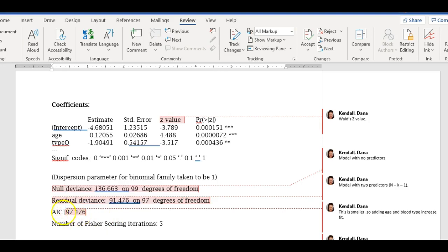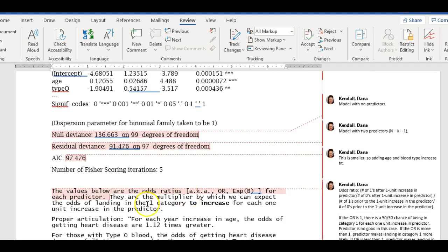My understanding is the AIC is a good fit index for when you want to control for the number of predictors in the model, and so it provides an adjustment for that, a correction for that. I'm not exactly sure about AIC, but what we're going to do instead is look at the chi-square difference.